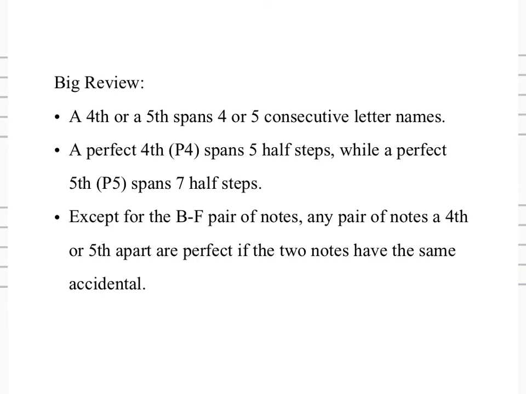So time for a big review. A fourth or a fifth spans 4 or 5 consecutive letter names. A perfect fourth spans 5 half steps, while a perfect fifth spans 7 half steps. And except for the B and F pair of notes, any pair of notes a fourth or a fifth apart are perfect if both notes have the same accidental.